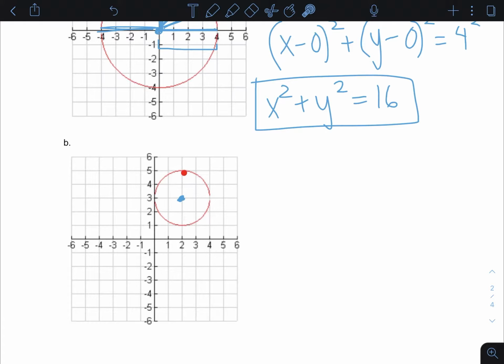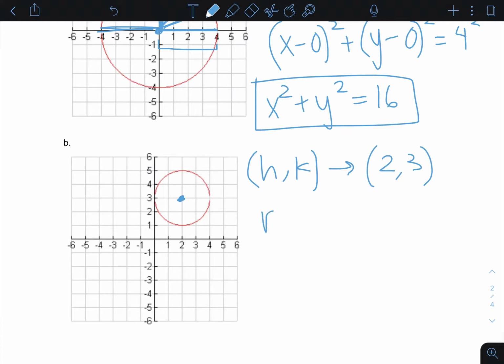Another thing you can do is just find this total distance and then cut it in half, and so that can help you find that center. But we can see that our center, our h and our k, is going to be 2, 3. So that means h is equal to 2 and k is equal to 3.